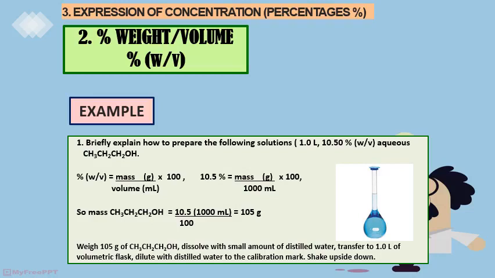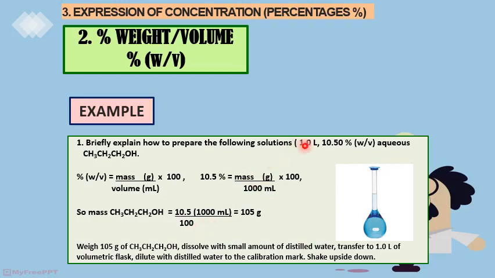According to the formula, percent weight per volume equals mass in gram of the solute over volume of the solution in milliliter times 100. So when it is 10.5%, it means that 10.5 gram solute in 100 milliliter.